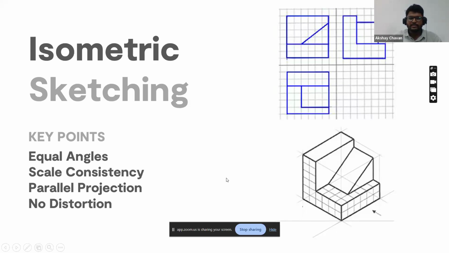Here we get scale consistency as we transfer the 2D data into 3D form. We transfer them in equal size, and in isometric form we draw parallel projections, and there are no distortions in isometric sketching. So it's a clear representation of the objects and their dimensions.